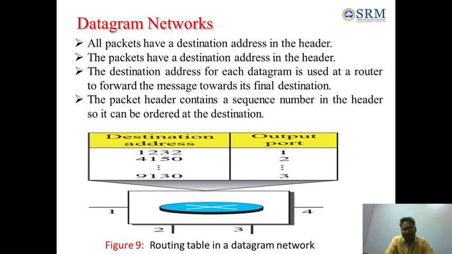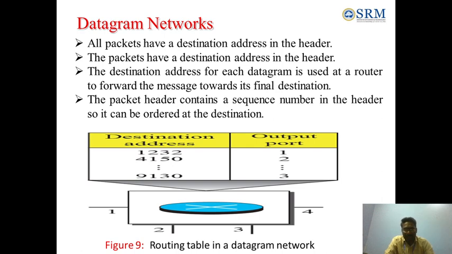The packet header contains the destination address along with a sequence number, so that packets can be ordered at the destination, and we know which packet has been delivered.